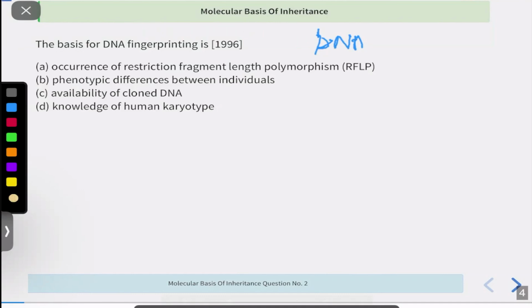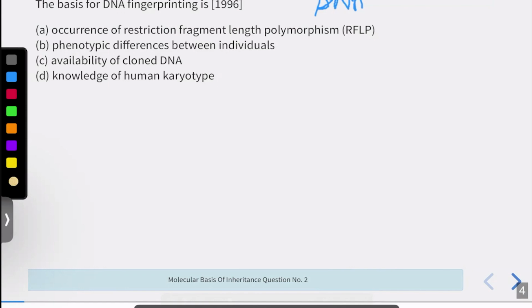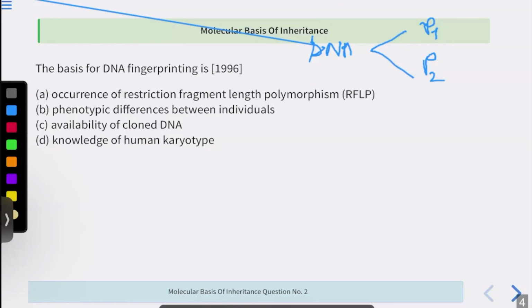So, for example, you found a DNA at a crime scene. Now you want to know whether person one or person two, which person's DNA was actually present at the scene.